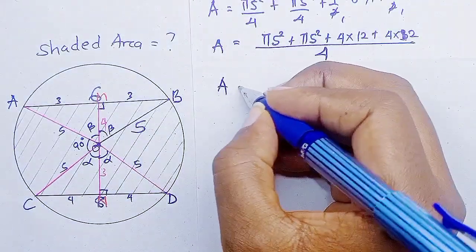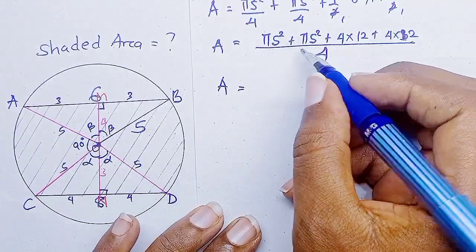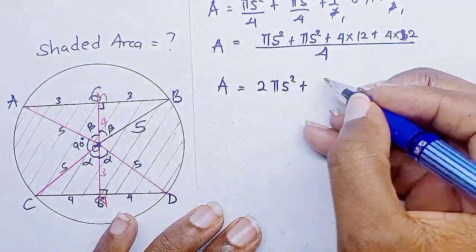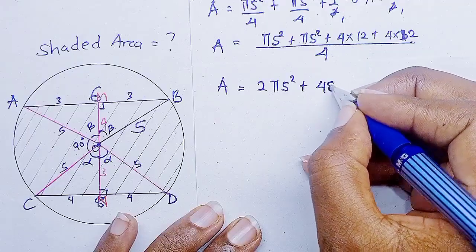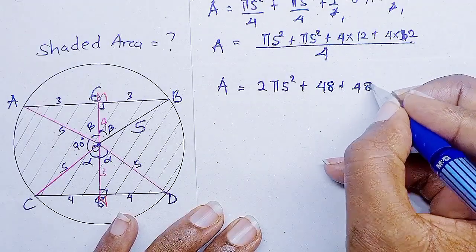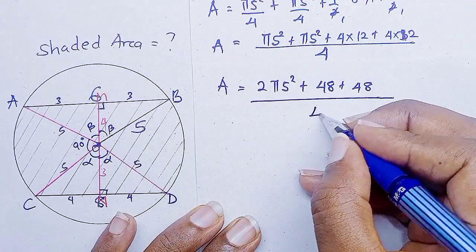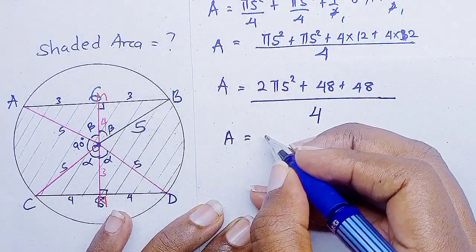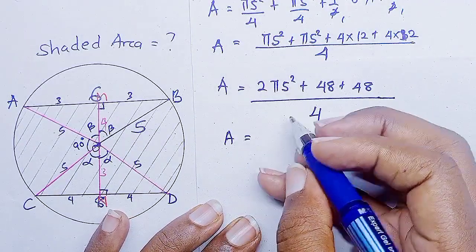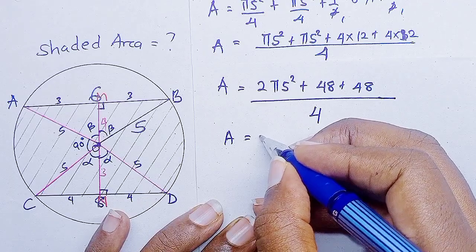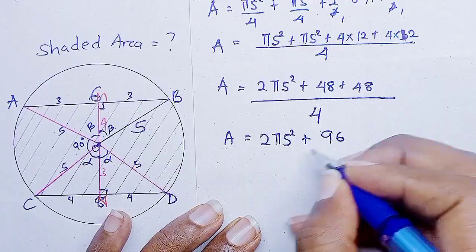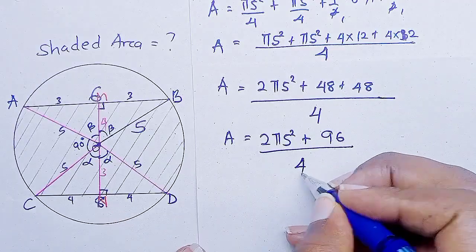So area will be equal to pi 5 squared plus pi 5 squared. You get 2 pi 5 squared plus 4 times 12 is 48 plus 4 times 12, 48 over 4. Okay, so area will be equal to 2 pi 5 squared plus 96 over 4.